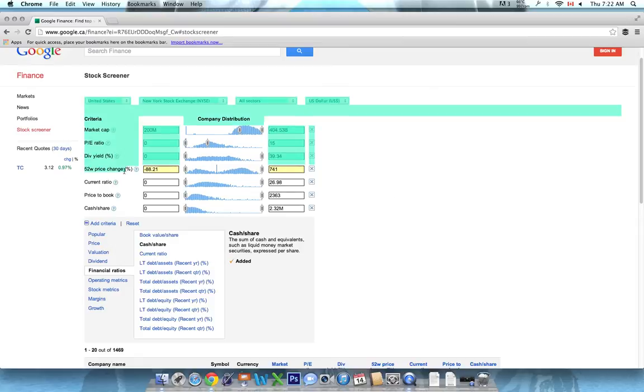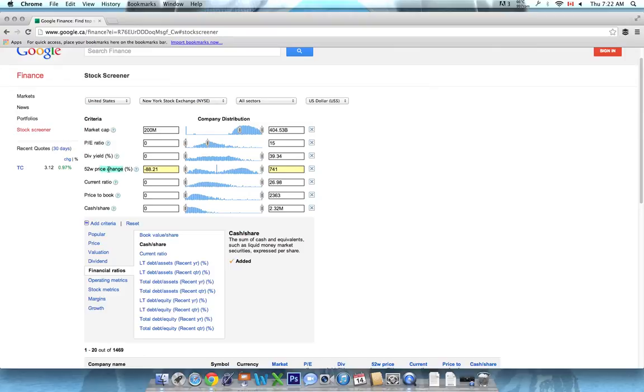The price range is something you can play with. If you're looking for fundamental value, you very well may be looking for stocks that have sold off this year, and you could even put an upper limit of 0 if you wanted to really be bottom fishing. But today we'll leave it as it is.